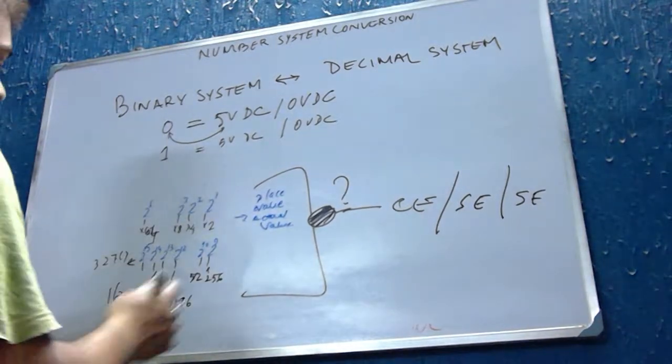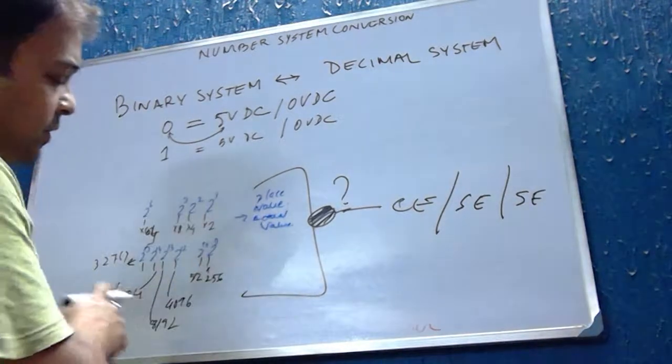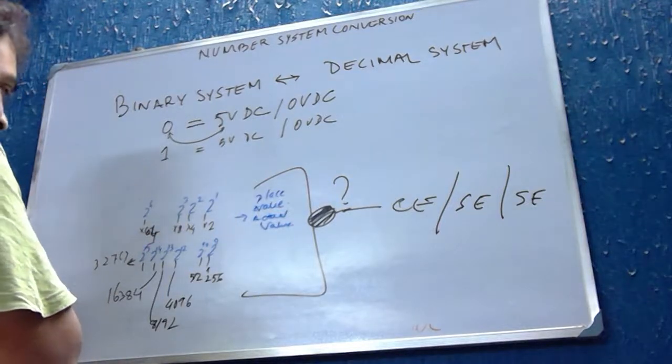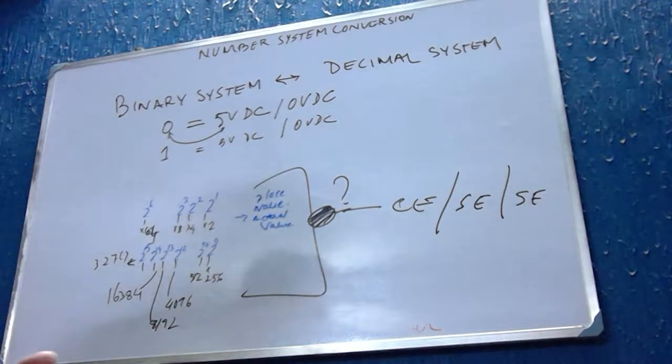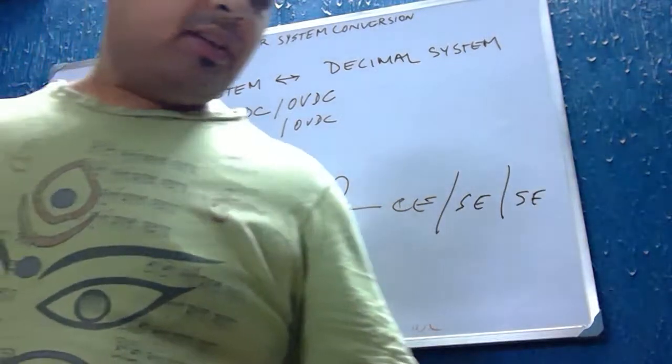So if you add all these values, you will get the decimal equivalent of your binary number, right?